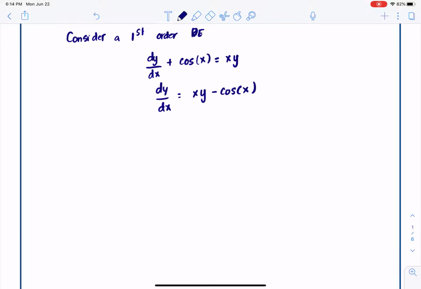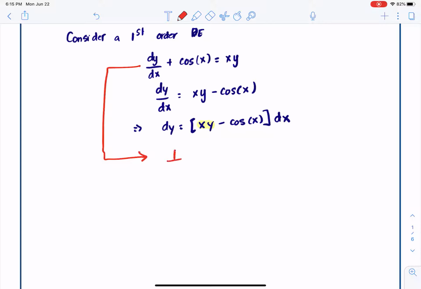What do I mean by that? So if I multiply by dx on both sides, I end up getting that, and clearly the x terms and the y terms are not separate, they are commingled. But if you look at the original DE, which is what we had over here, you may say, well, I'll just divide by y on both sides and perhaps it will become separable.